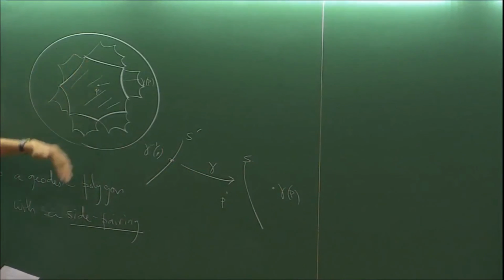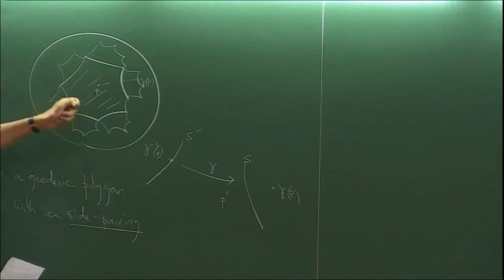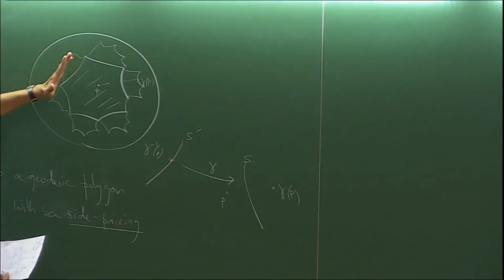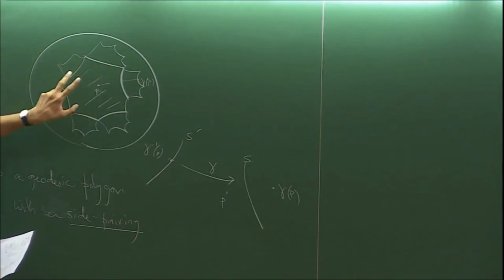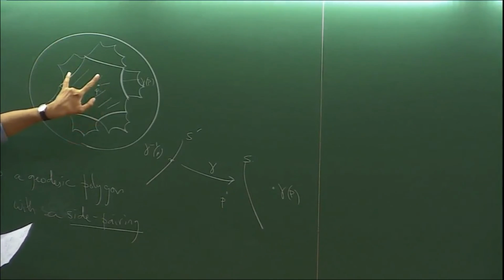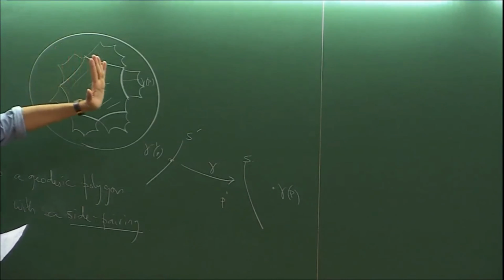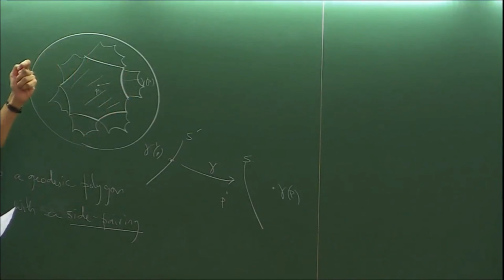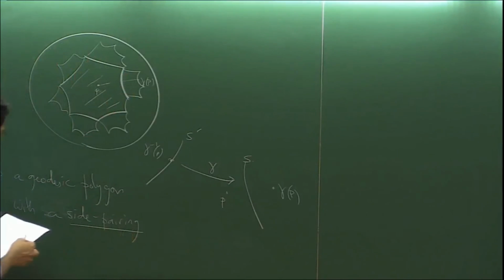So it's not just a geodesic polygon. If you remember this action of gamma, you'll see that sides of the geodesic polygon are paired. For every side there's a corresponding side, and there's a transformation in gamma taking one to the other. That's what I call a side pairing.